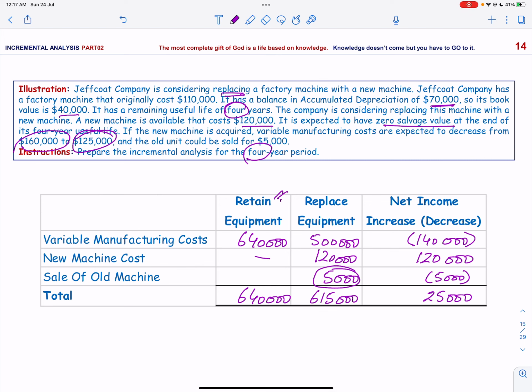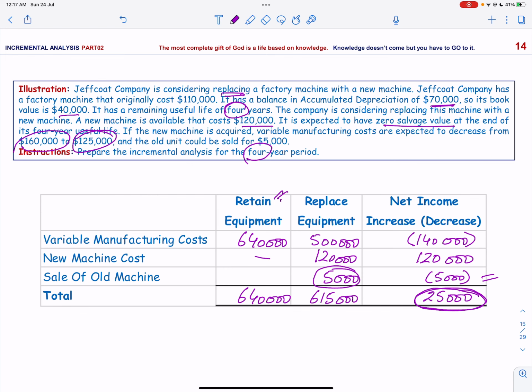So in this case, it would be to the company's advantage to replace the equipment, as the total cost will decrease by 25,000, or this will increase our net income by 25,000.